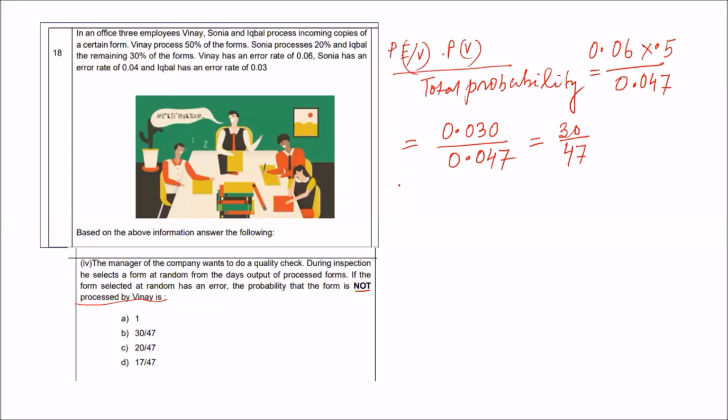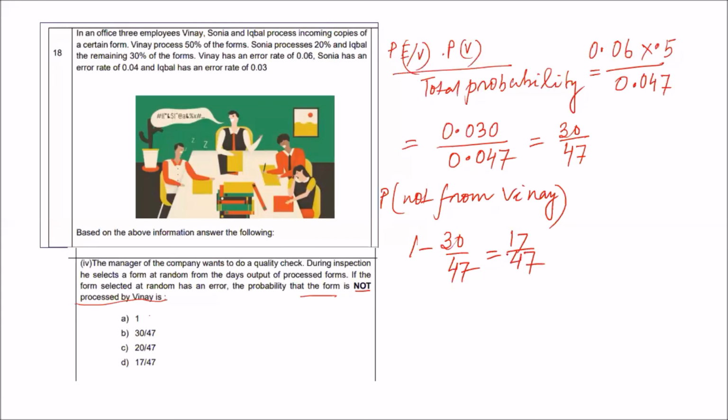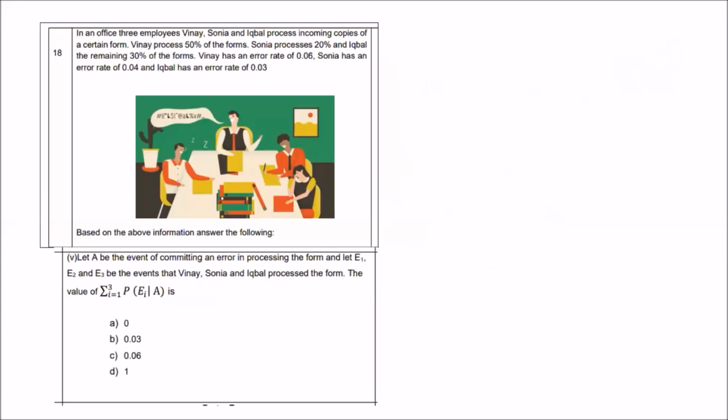But this is for committing error by Binay. But we want not by Binay. Not from Binay will be how much? 1 minus 30 by 47. How much is the answer? It will be 17 by 47. 17 by 47 is the answer.